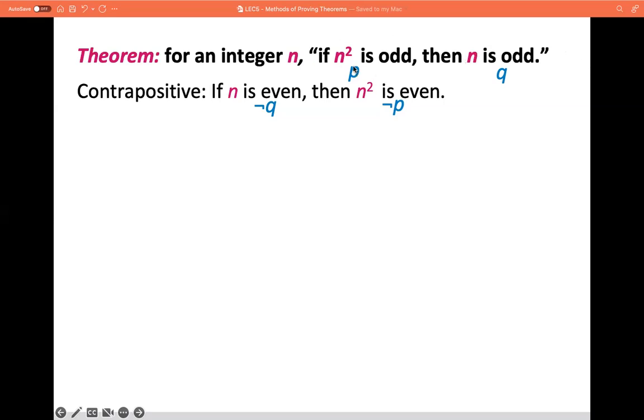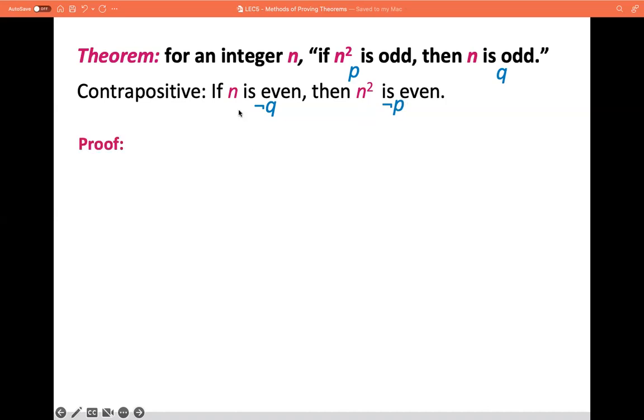The hypothesis will be that n squared is odd, and the conclusion will be that n is odd. So rewriting it into its contrapositive, we have not Q implies not P. That will evaluate to: if n is even, then n squared is even.